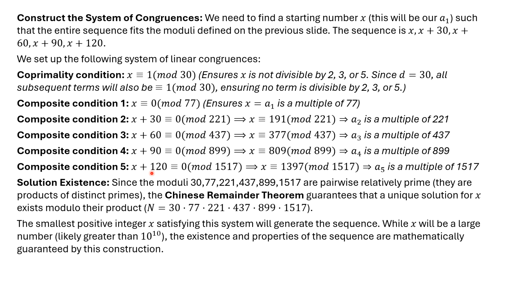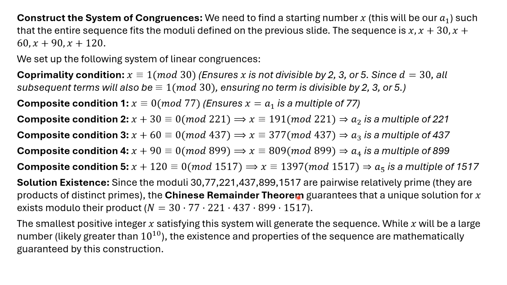And then the solution, we know the solution exists since the moduli 30, 77, 221, and so on, are pairwise relatively prime. That was from our painstaking construction. And these latter five are all products of two prime numbers, and we made sure they didn't share anything with these factors of 30, which were 2, 3, and 5.